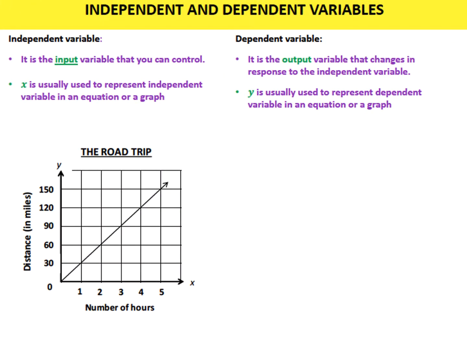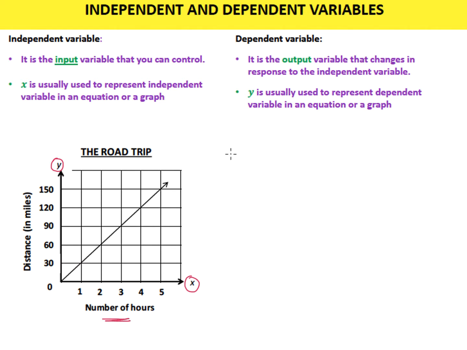Let's look at this graph. This graph tells us that we're going on a road trip, and the x-axis is the number of hours and the y-axis is the distance in miles. It's plotting how much distance we go for the different number of hours. We've seen earlier that x usually represents the independent variable, so this is our independent variable.